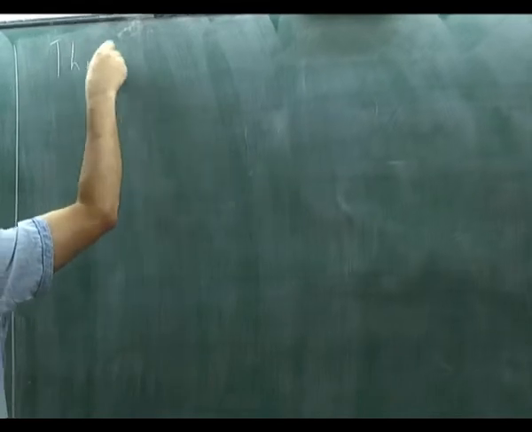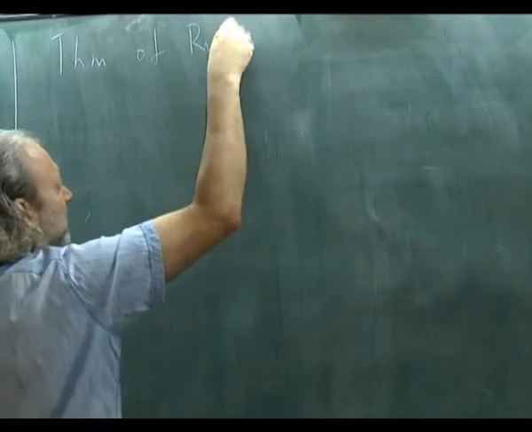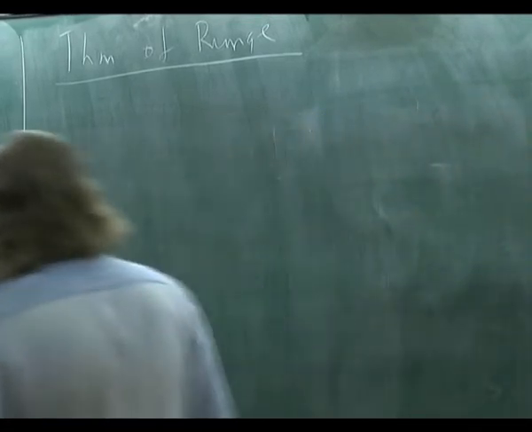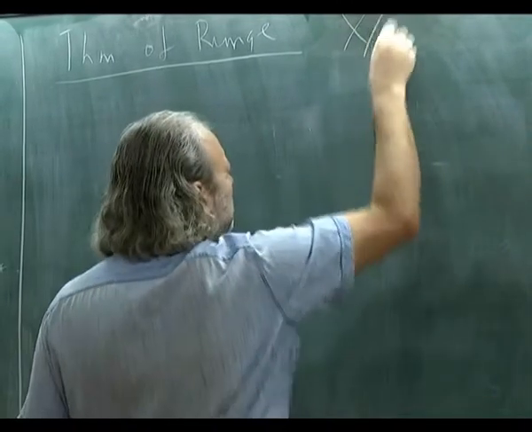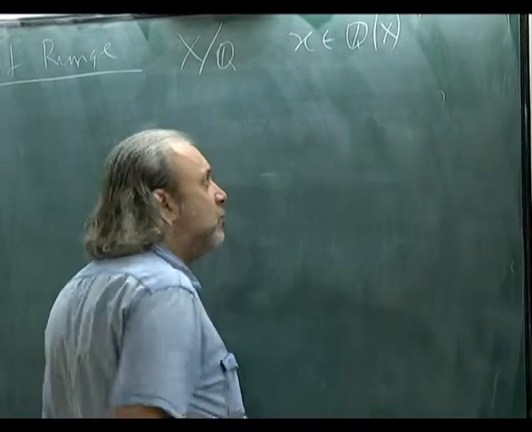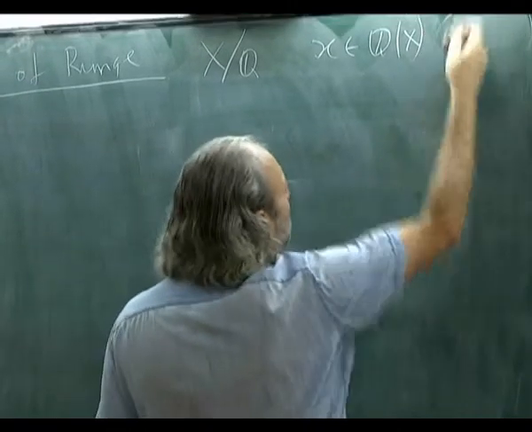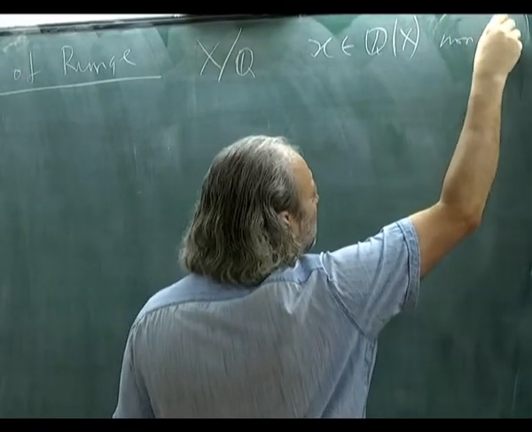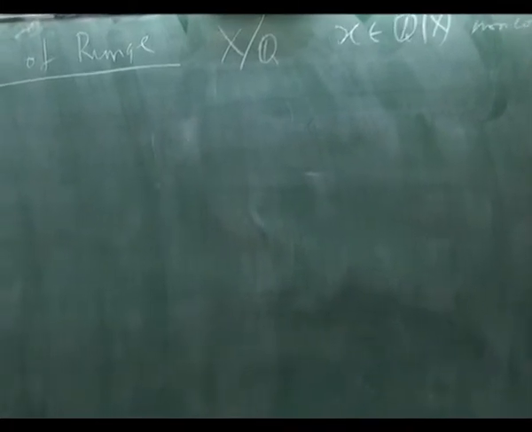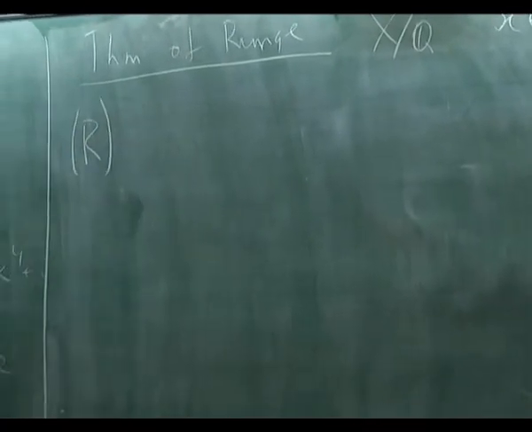So assume first that X is a curve over Q, with a non-constant coordinate little x, and assume that we have the following condition, that I denote now R. This is for Runge.